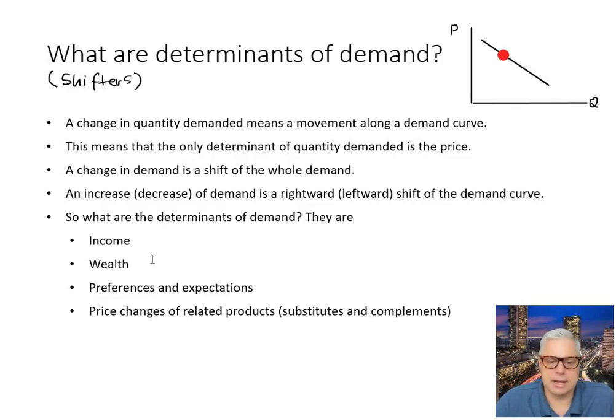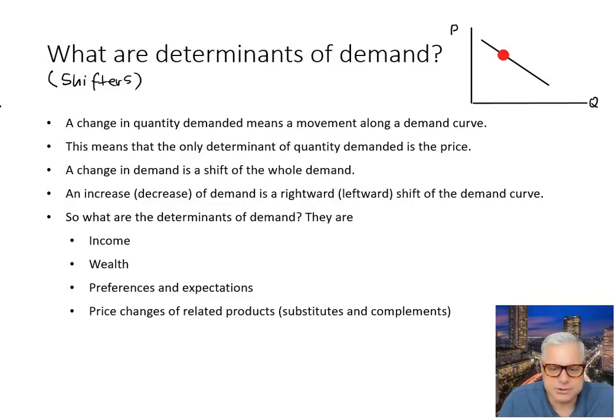They are income. If you get richer, you will buy more at any price, and closely related is wealth. If you become wealthier, you typically buy more. Although when it comes to income, we have to distinguish; I should have mentioned that already here, but we will do it on the next slide.